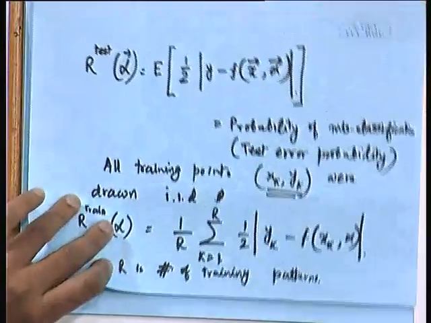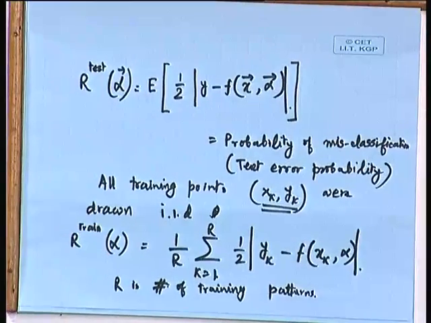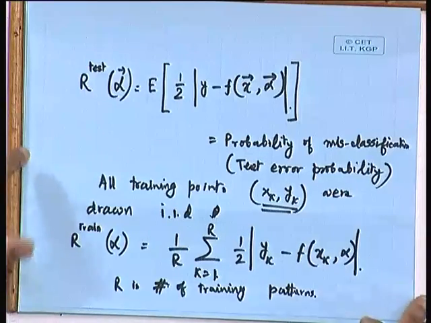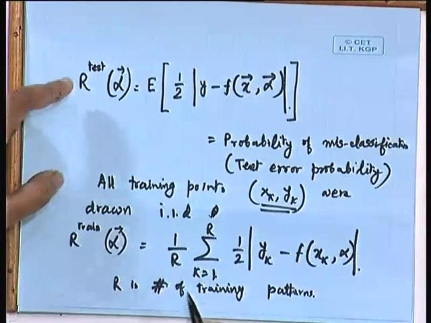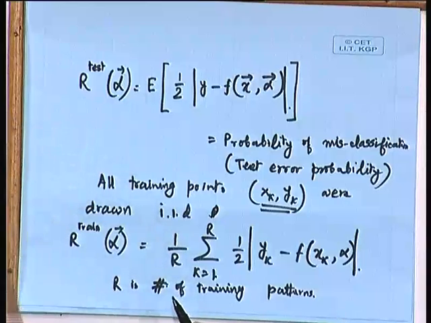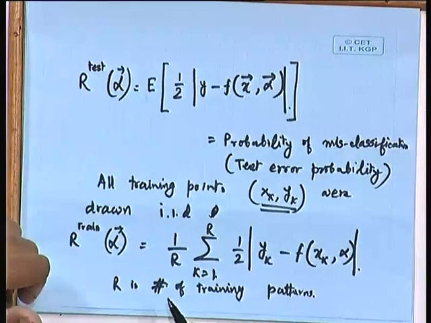Now, without going into any detailed rigorous mathematical analysis, if I ask you out of these two parameters that we have defined just now, R test and R train, which one would you expect to be lower? Naturally you would like the value of R to be as low as possible, because you want correct classification.